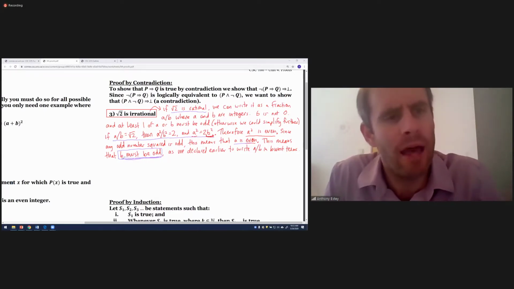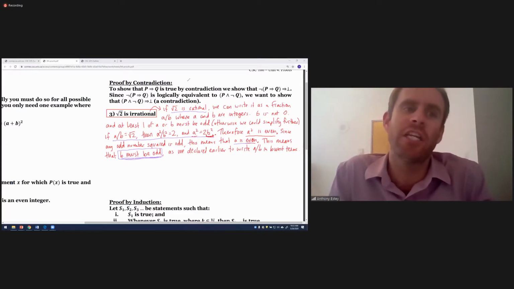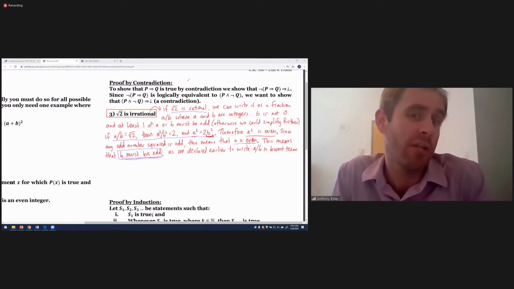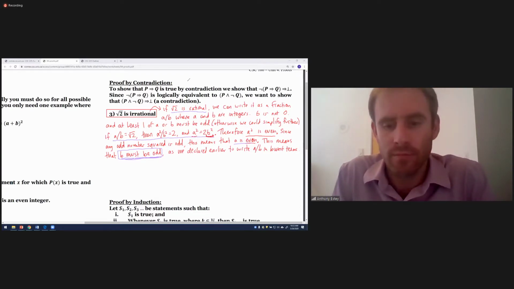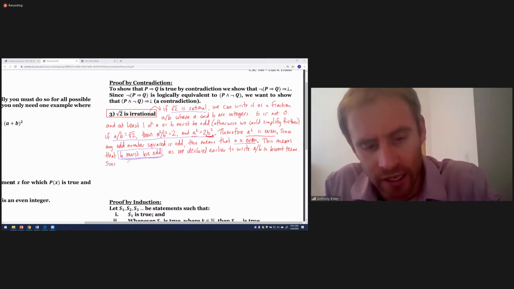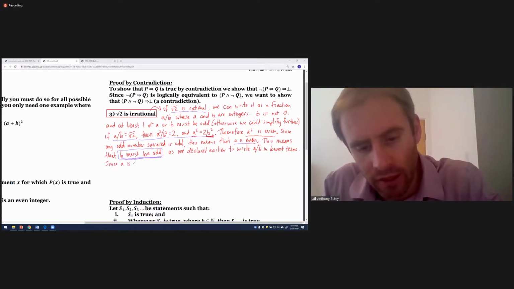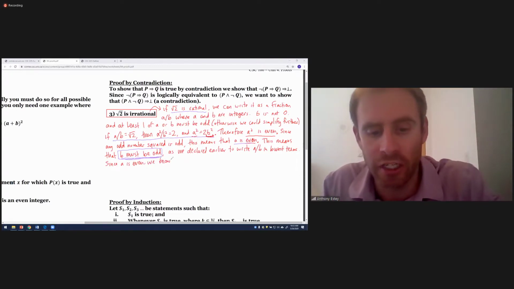The contradiction is going to be that one of these values is both even and odd. A similar thing that we did in our other examples is come up with an integer k.